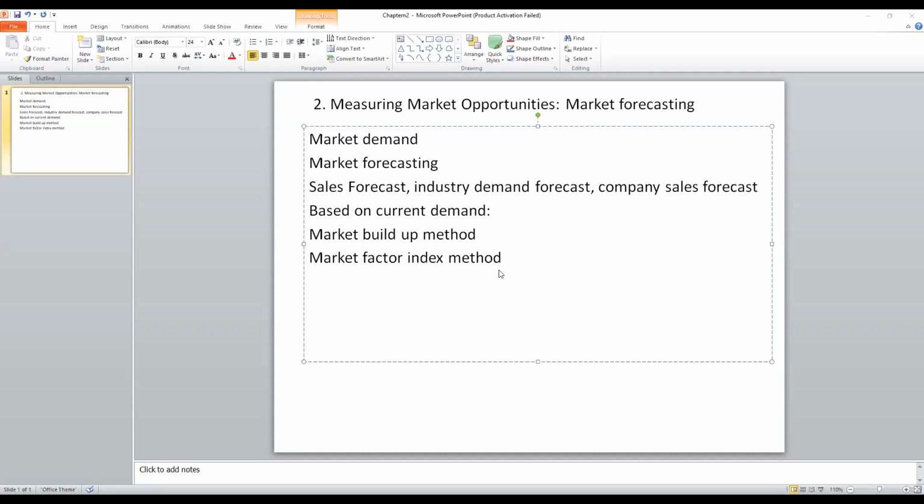Now the only limitation is collection of data. It has to be rigorous and accurate. One has to collect the data maybe from the intermediaries or from the customers.